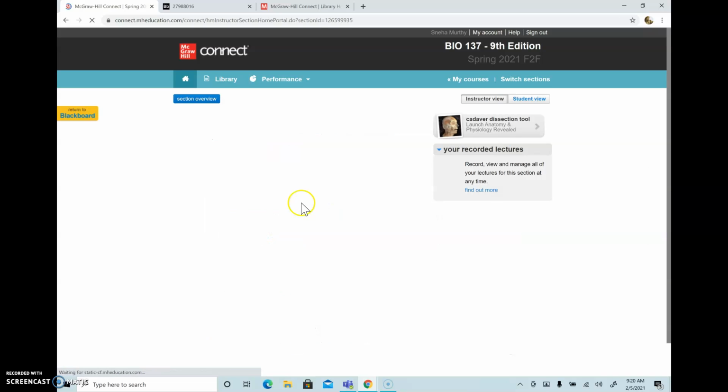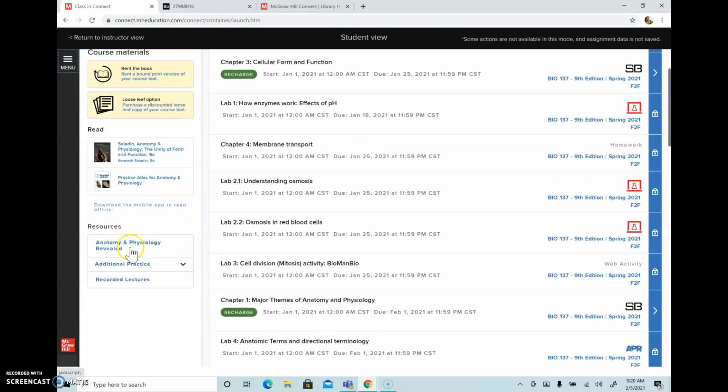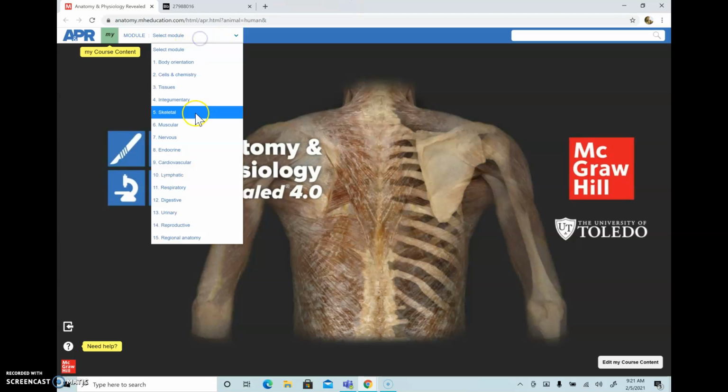So I'm going to show you how your page would look. Yeah, this is what you should be able to see. And if you scroll down to the left, you should see Anatomy and Physiology Revealed. If you click on A&P Revealed, it will take you to another window which looks like this.